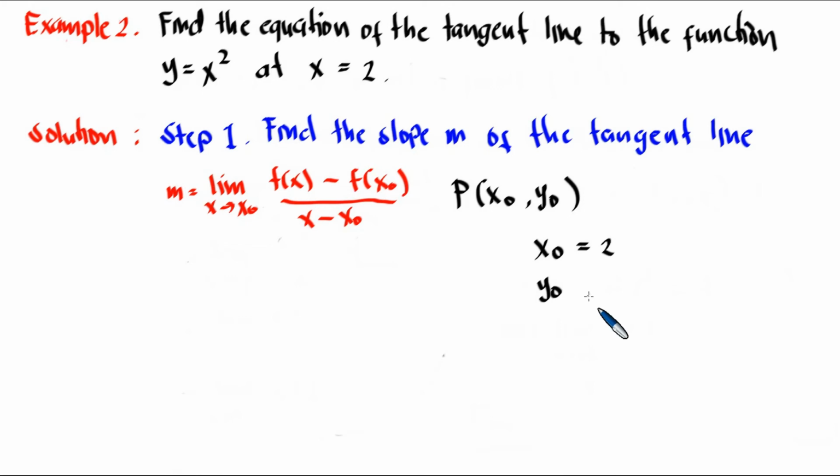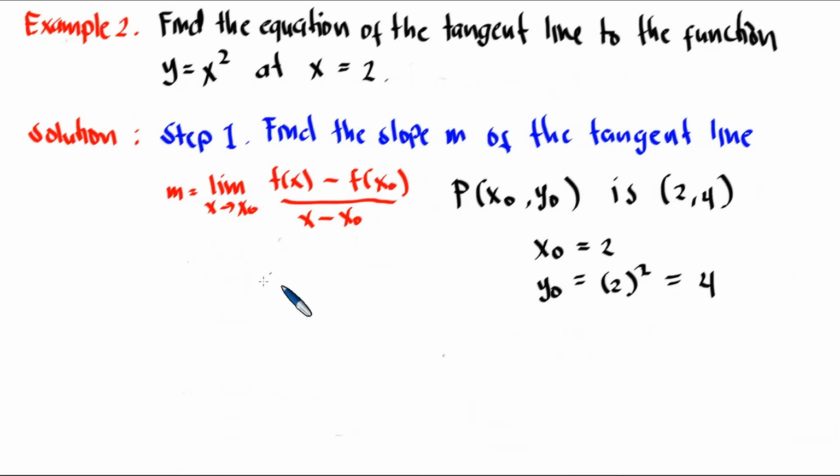You can simply find the y coordinate by substituting the value of x sub 0 into the given function, and that is 2 squared, which gives us the value of our y coordinate, which is equal to 4. So that means the coordinates of point P are 2 and 4. And now we can solve for our slope.